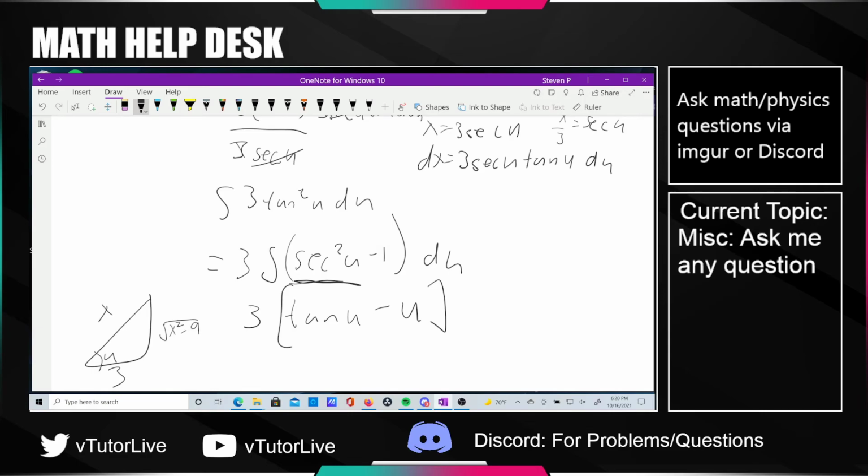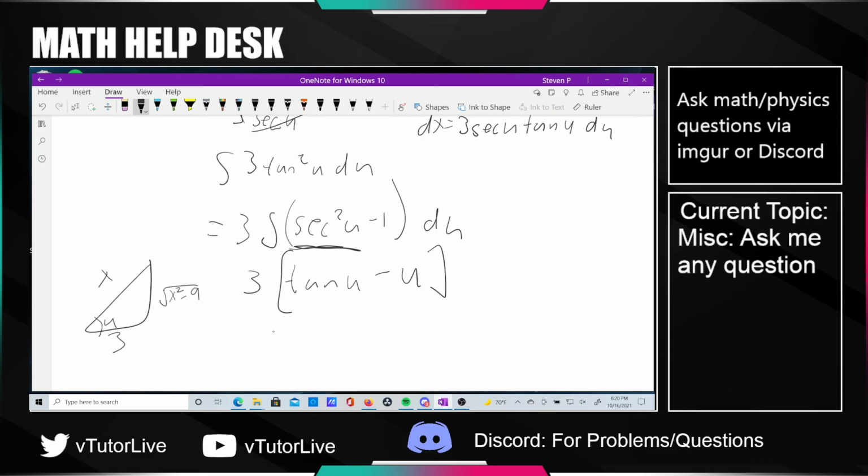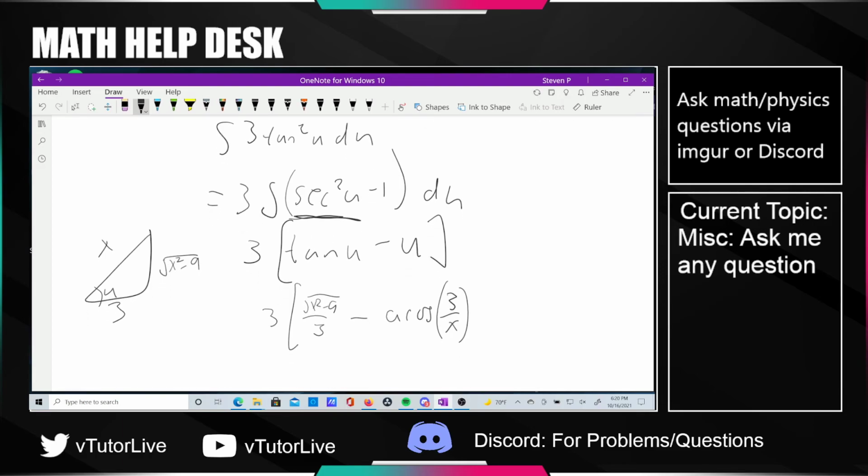Then tan of u becomes the square root of x squared minus 9 over 3. And u is just any of these, really. I'm just going to say the arc cosine of 3 over x. There's a lot of equivalent things you can choose here. It's not a big deal.